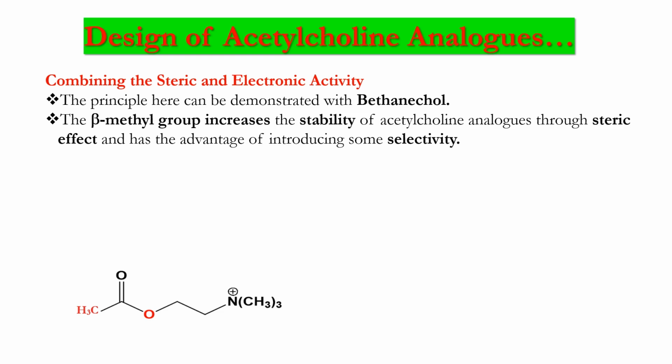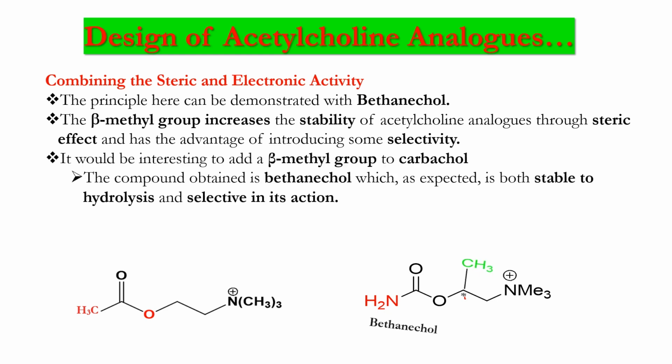Bethanechol is a molecule made by modifying the beta position. In the case of carbachol, if we add a methyl group at the beta side, we produce bethanechol. In bethanechol, there is the amine group, which gives the electronic effect by resonance, so that the carbonyl carbon is not prone to any kind of nucleophilic attack.